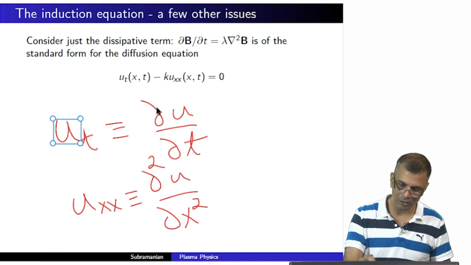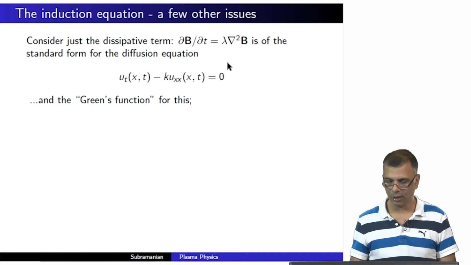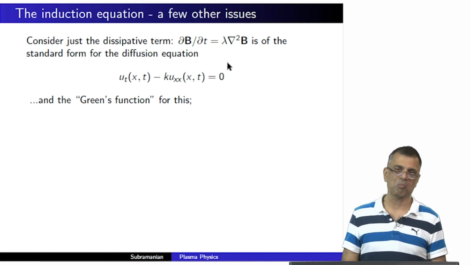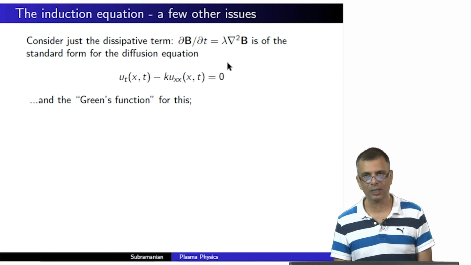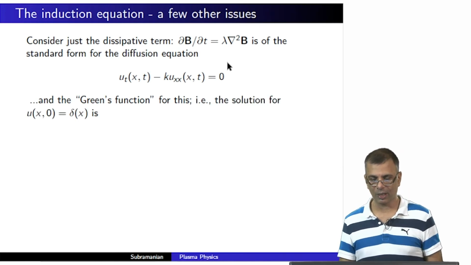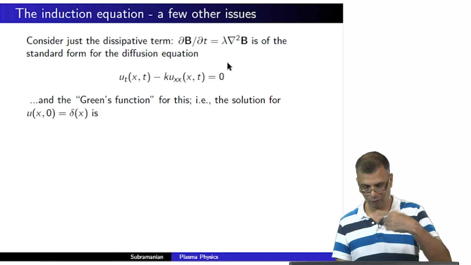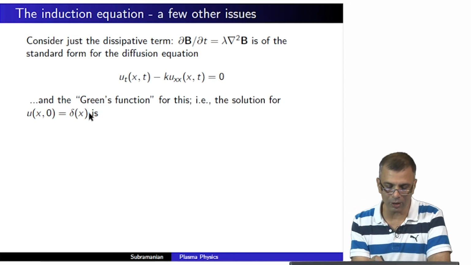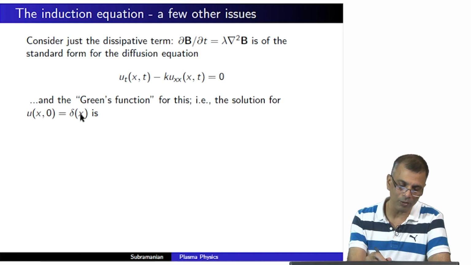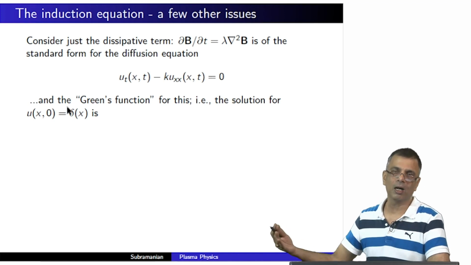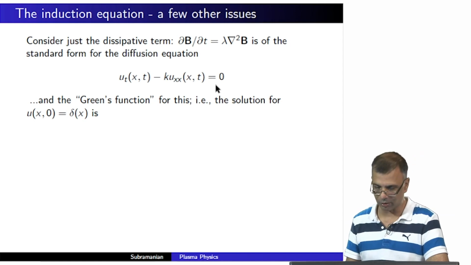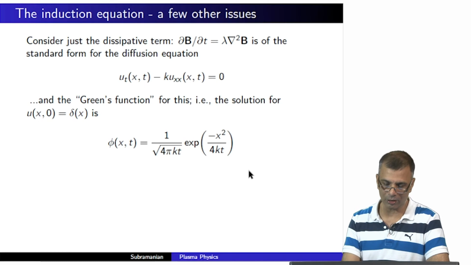So, this is a standard diffusion equation, and the Green's function for this you can think of as the response to a delta function excitation. In other words, at time t equals 0, you have a delta function injected into this, and you want to see how this excitation proceeds with time. That's what the diffusion equation is going to tell you.